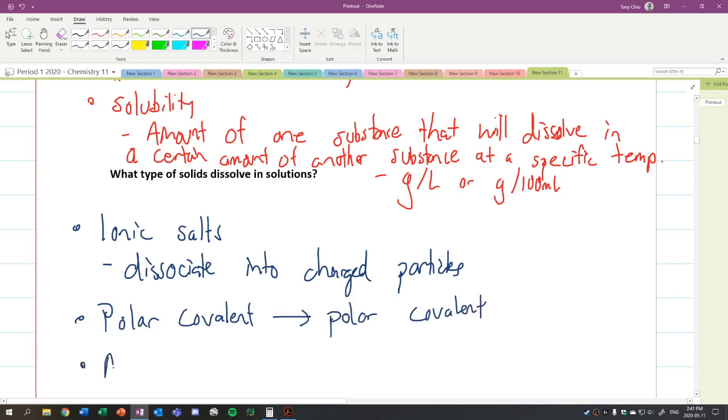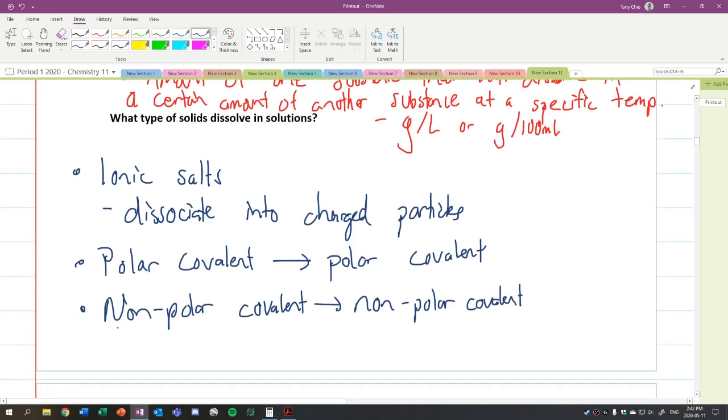But there's also nonpolar. Nonpolar covalent can dissolve in nonpolar covalent. But there's one more. Ionic can actually dissolve in polar covalent. So this is why ionic, such as for example salt, can dissolve in water.